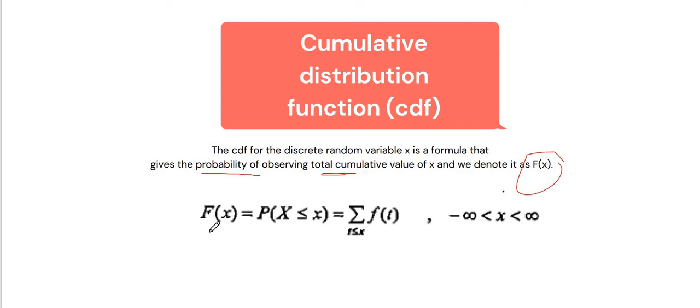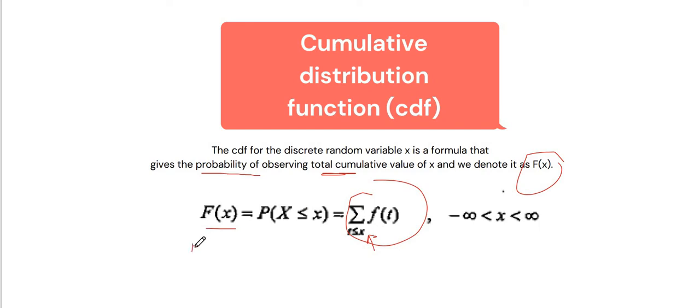We can just ignore this. What F(x) means is the summation. As I mentioned earlier, summation means the sum of each one. So it's a summation of X here. It's a little bit blurry here, but you can refer to the PDF notes in Ulearn. So it means that, for example, we want to find F(2).